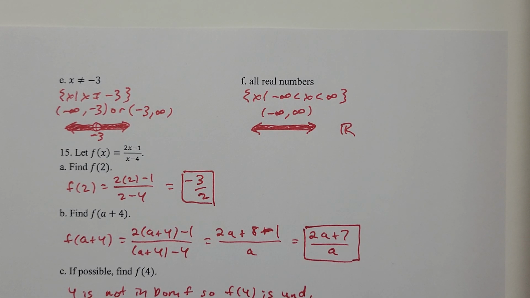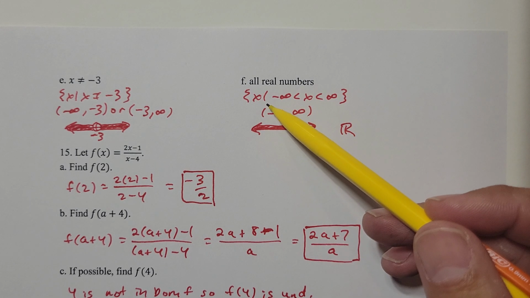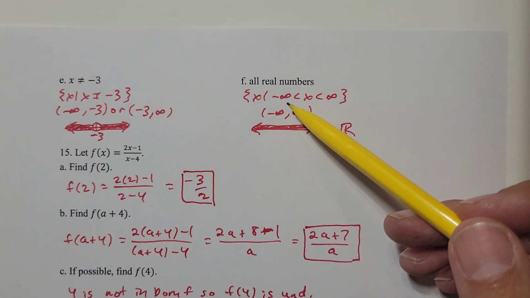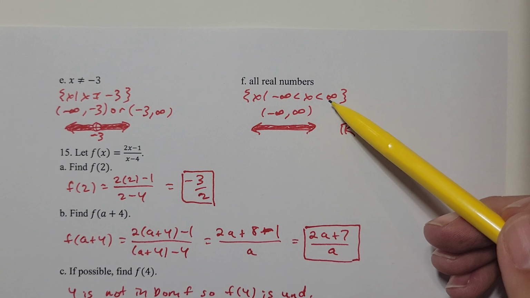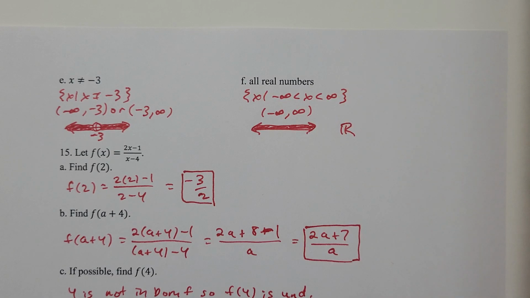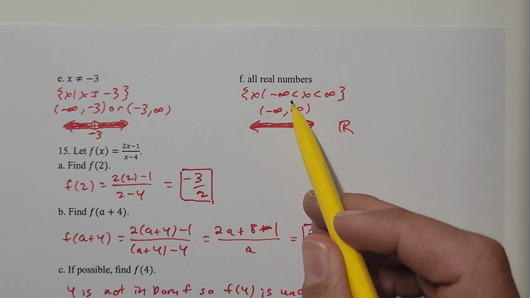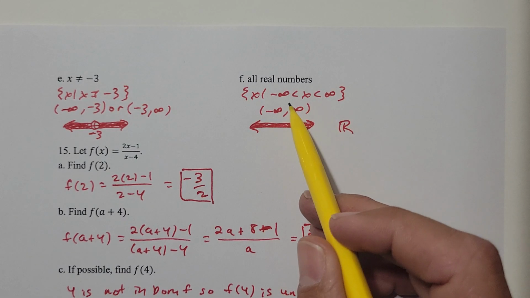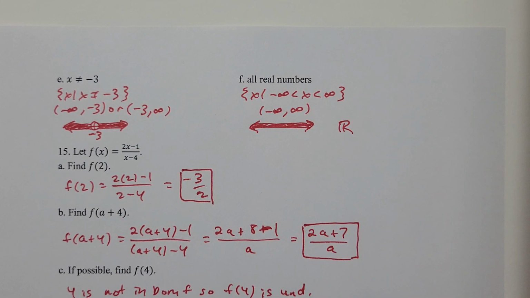Part F, all real numbers. So if we were to describe that set using set builder notation, I would say the set of all x such that x is greater than negative infinity and less than infinity. Okay, by the way, I wouldn't have a less than or equal to sign on either of these. Why not? Well, because infinity is not a number.